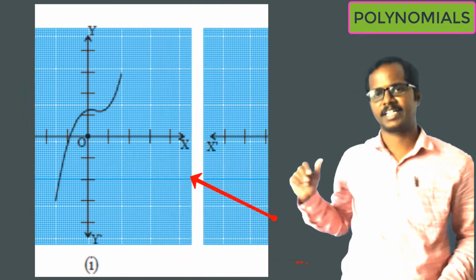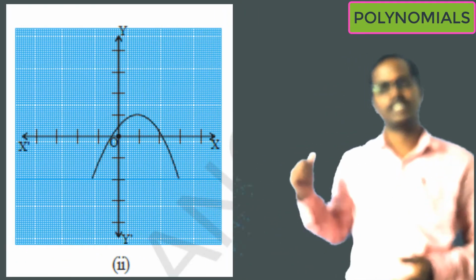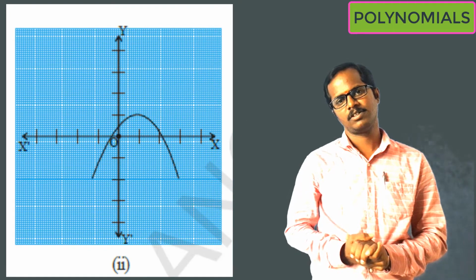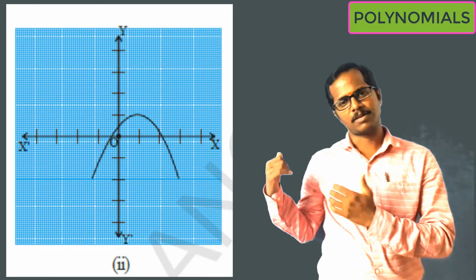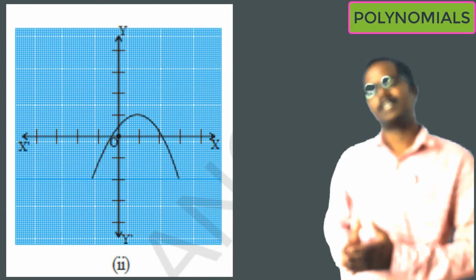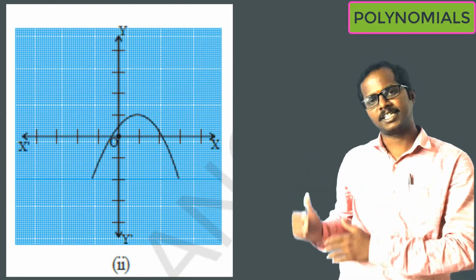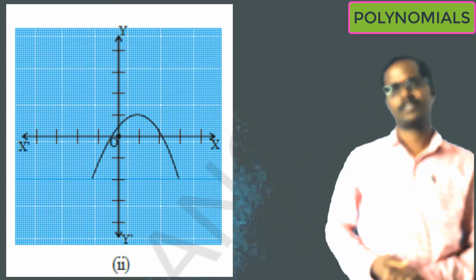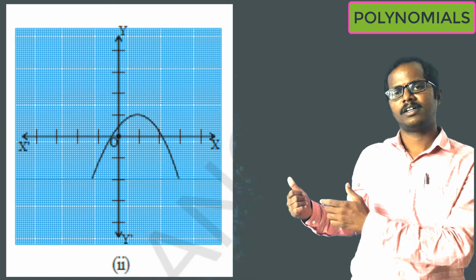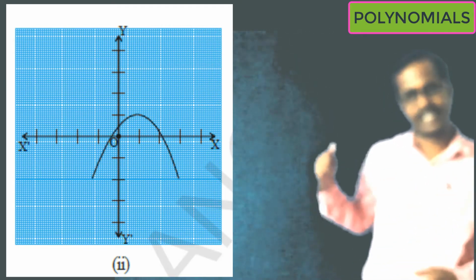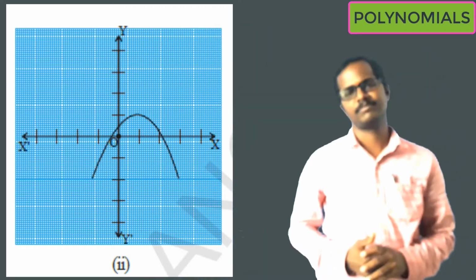Now let us see the second graph. How many zeros does this graph have? To tell the number of zeros of this graph, first we need to identify the number of intersecting points of this graph and the x-axis. So look at the graph and find out the number of points where the graph and the x-axis are intersecting.